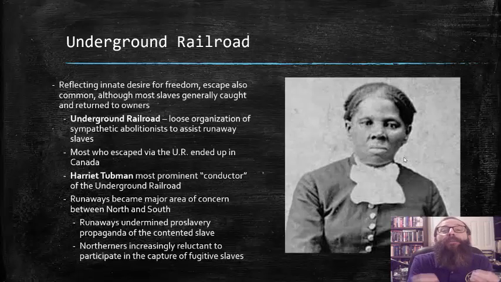Northerners also became increasingly reluctant to participate in the capture of fugitive slaves, which helped to heighten the tension between regions as well, as Southern slave owners increasingly demanded that slaves who had escaped to the North be recaptured and returned to their owners.